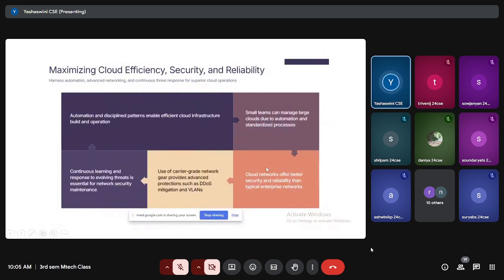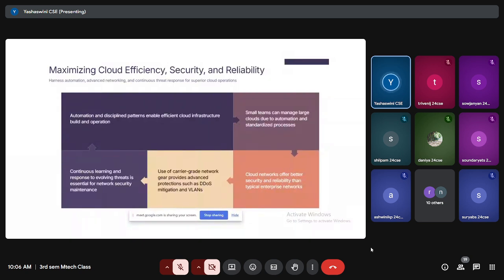Next, coming to cloud network. This has to offer better security and reliability than the other available enterprise networks. So basically we can have a carrier grade network or advanced protection like DDoS mitigation, and VLAN errors can be avoided, so that users have trust in using a particular cloud service. Then one more important thing is continuous learning.